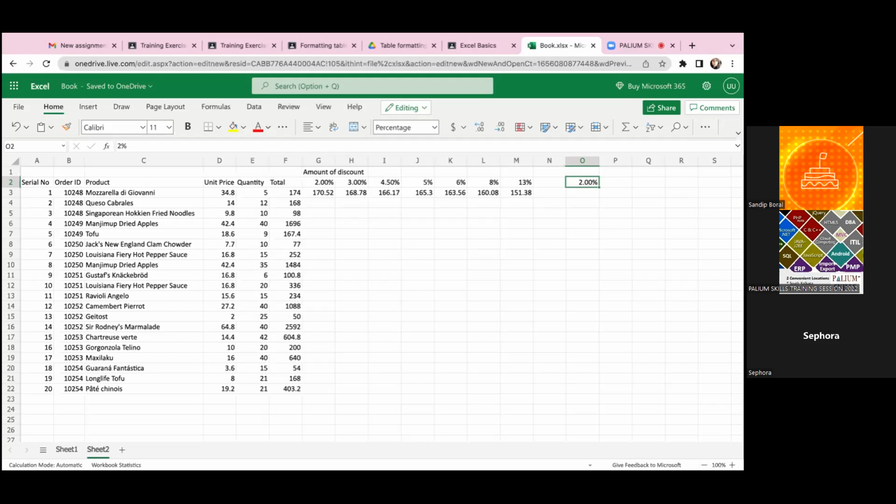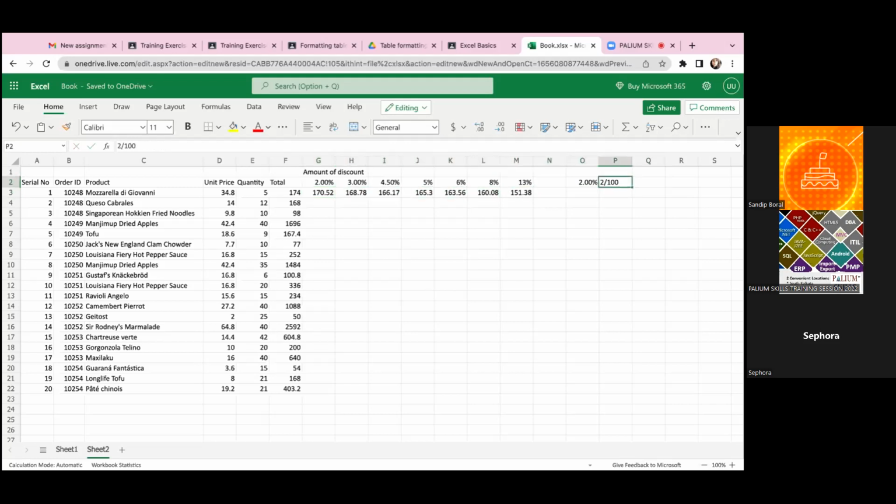Isn't this the equivalent of going to P2 and writing it as 2 by 100? Isn't it the same thing? Yes, but you were saying the formula subtracts, right? Now I'm coming to subtract.